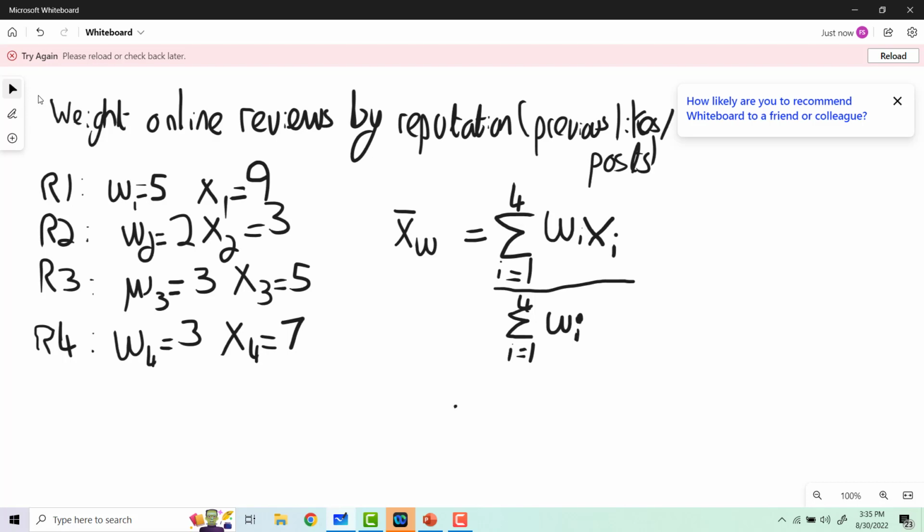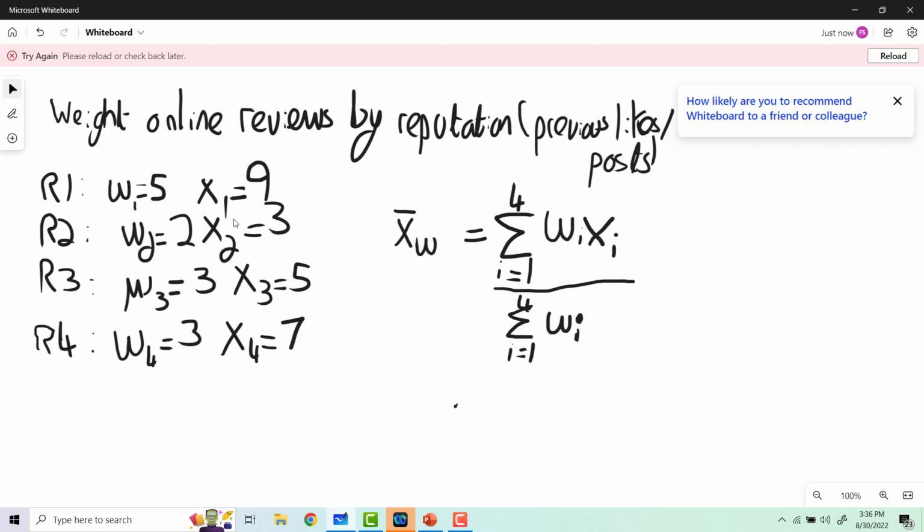We need to do this because we're adding wi times xi, so we're adding wi numbers each time, and we remember with the mean we divide by the number of numbers. So even if some are repeated, we still have that many more numbers being added. So we divide by the total weight.